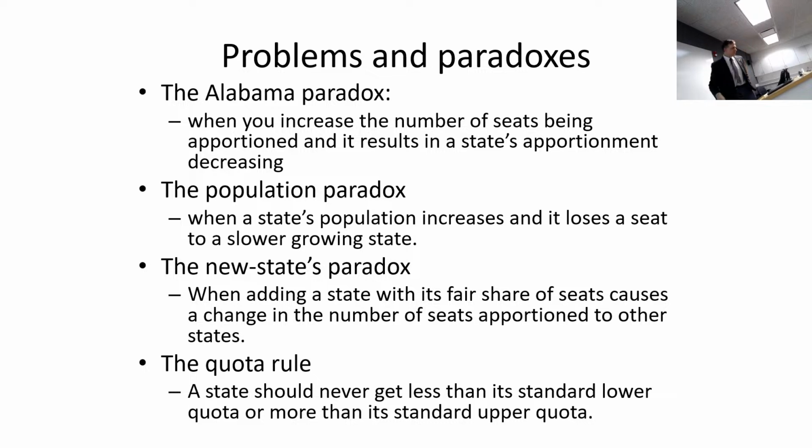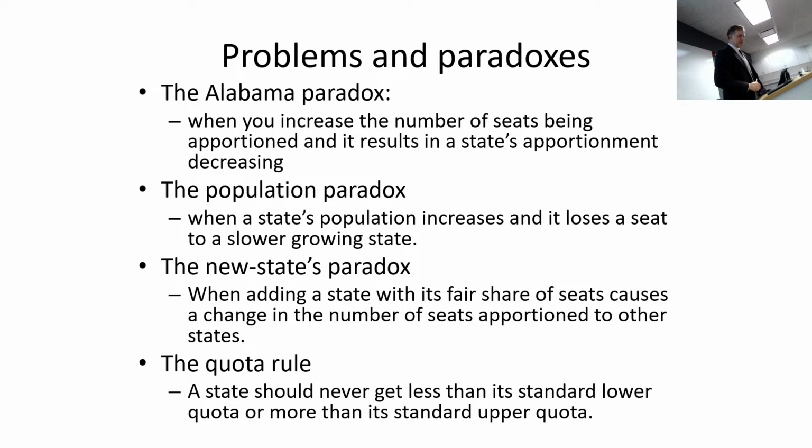Those three only occur with Hamilton's method. They don't occur with any of the other methods that we were looking at. And so the quota rule, though, you might think that, well, then these other methods must be great. Well, the quota rule is something that occurs with all other apportionment methods, not Hamilton's method, though.